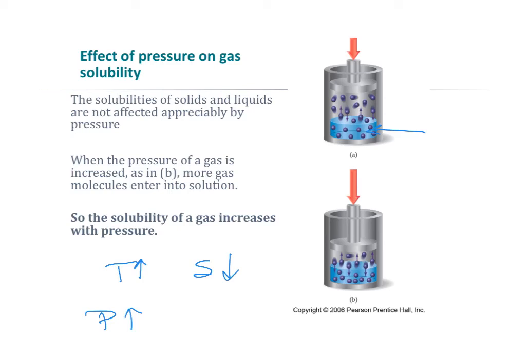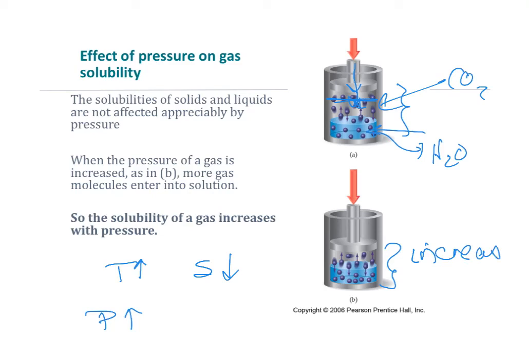If you increase pressure in this closed container, so let's imagine that that's water and that's carbon dioxide, as you start increasing the pressure, and we're going to do that by reducing the volume, reducing the volume increases collisions and therefore pressure. When we have increased pressure, you essentially force more of the gas molecules into the solution phase. So increased pressure means increased solubility.